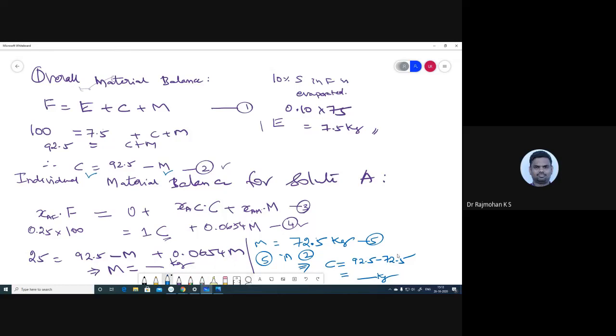So we get 20 as the amount of crystal that is separated out.